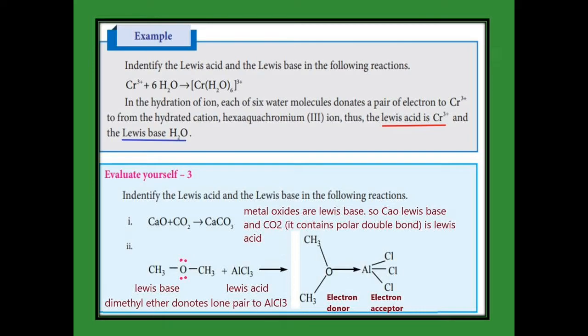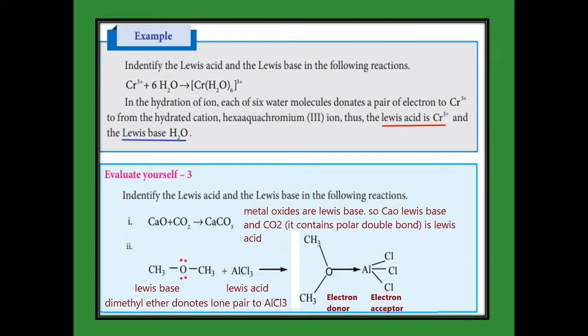And carbon dioxide: it contains polar double bonds, so it is considered a Lewis acid. And then the second one, CH3OCH3: the oxygen possesses 2 lone pairs of electrons. The excess lone pairs mean it has the character to donate electrons, so it is a Lewis base. And aluminum trichloride, AlCl3: the aluminum contains an empty orbital, which attracts electrons from the oxygen.